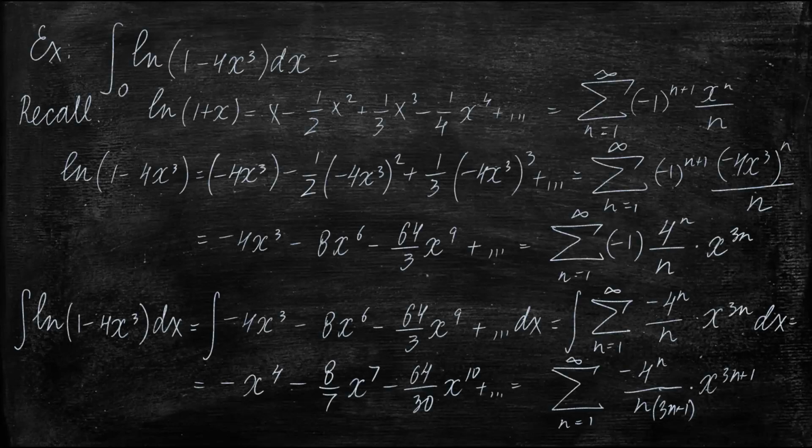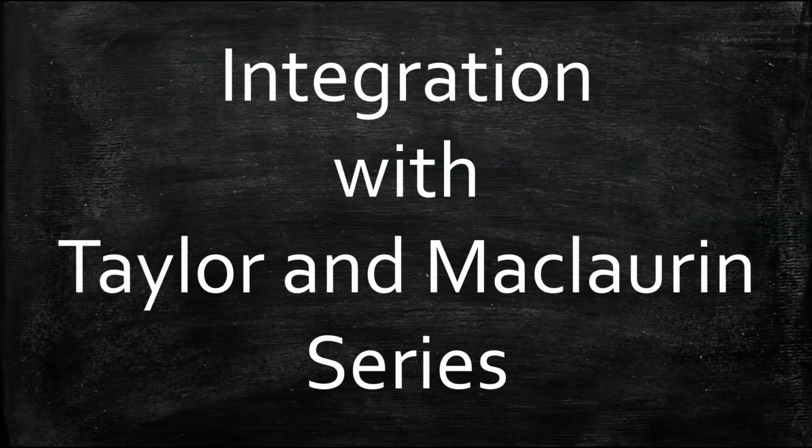So basically, if this was 0 to 1/2, then it will be a definite integral, and then we would be able to compute the definite integral by simply evaluating this between 0 and 1/2, which we are not going to do, but you should be able to see how the power series can be used when integrating certain functions which don't have antiderivatives in closed form.